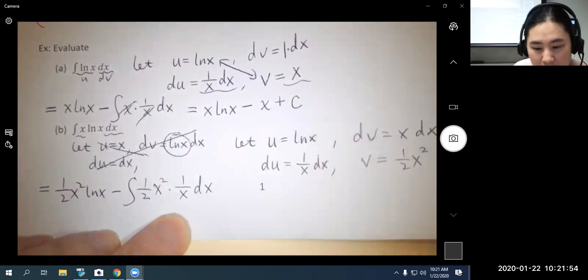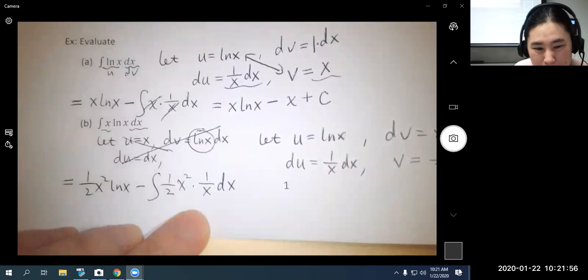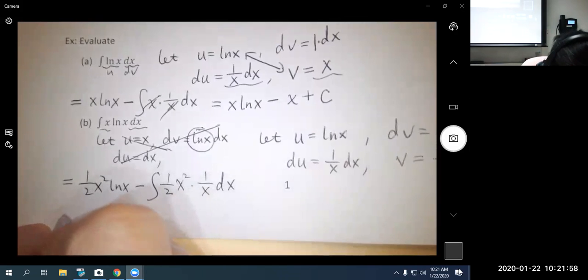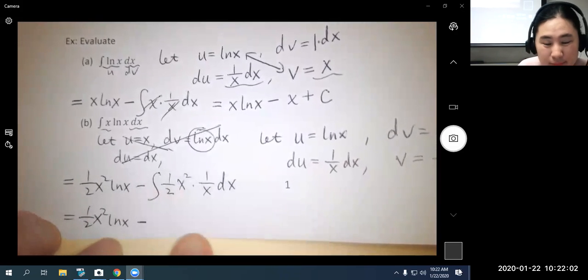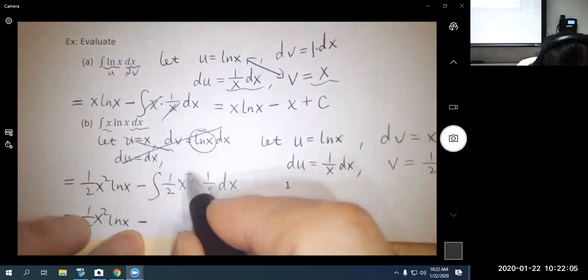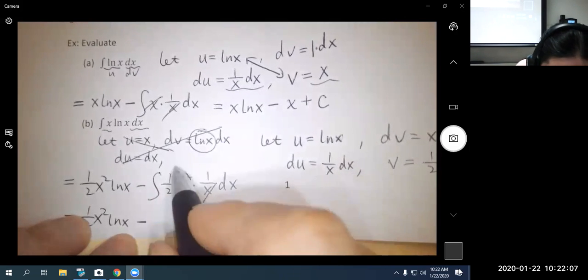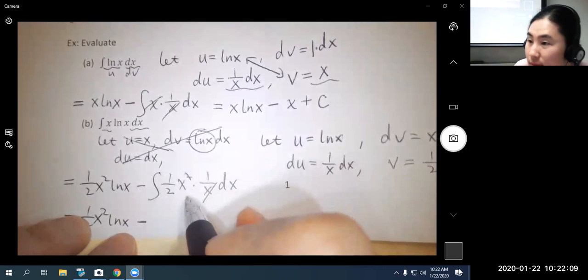All right, so let's simplify. 1/2 x squared ln x minus, the x squared and this x cancel out. This is actually 1/2 x, right?